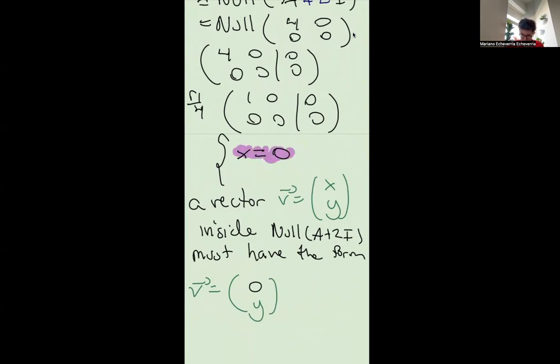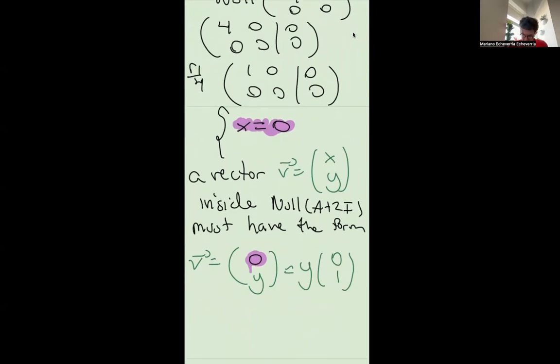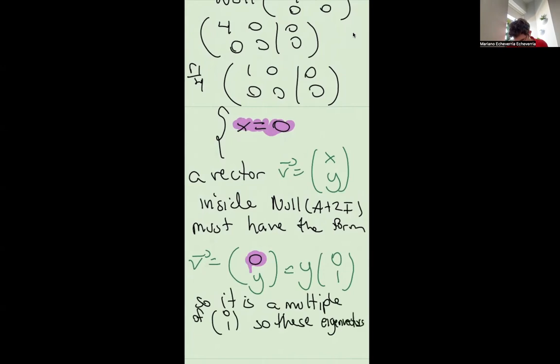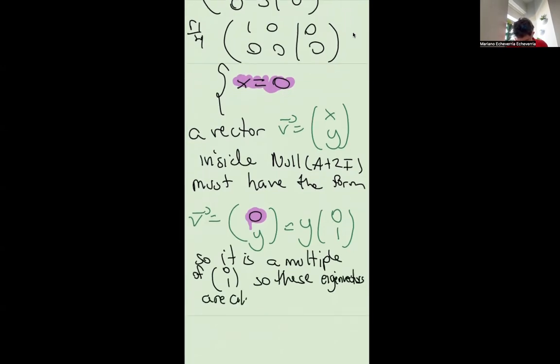So now I'm using this, which means that it is a multiple of the vector 0, 1. So it must be aligned with the y. Is that making sense?